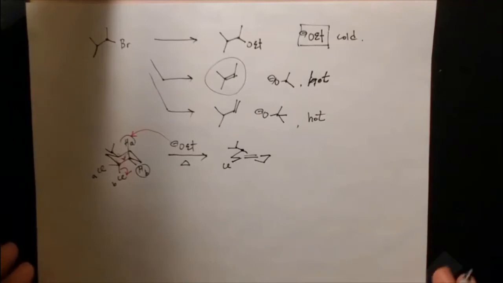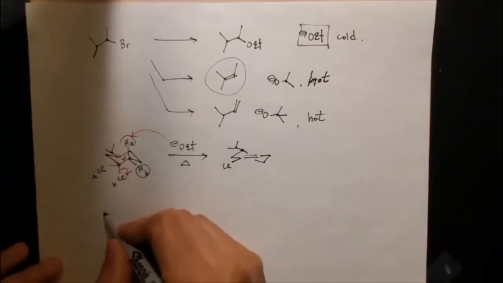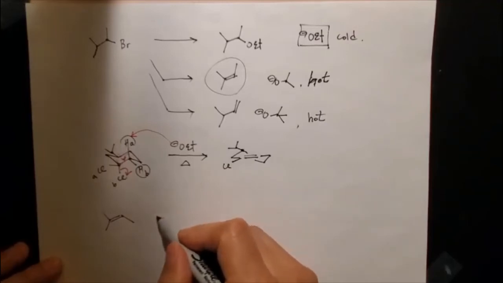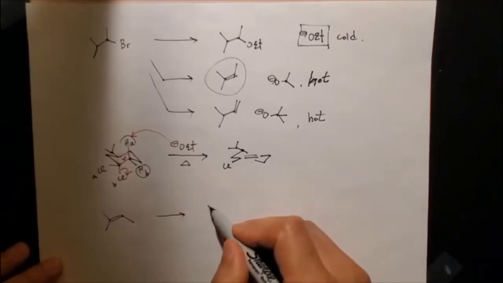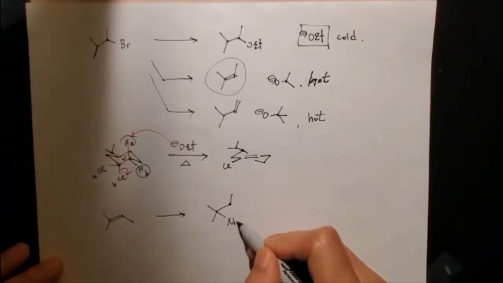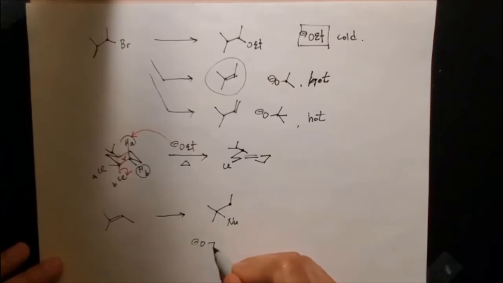All right, more selectivity. So then you can think of addition. We just did a couple videos. How do you put any type of nucleophile, OH, halogen, even things like this acetate, a lot of different things.